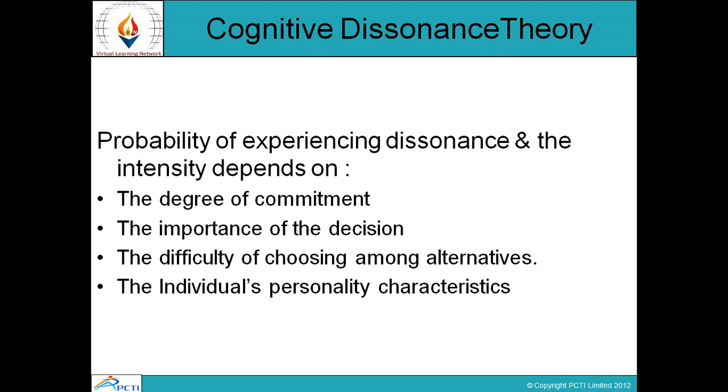The importance of the decision: if the purchase decision is very important, it is more likely that the consumer will experience dissonance. The difficulty of choosing among the alternatives depends on the number of alternatives considered, the number of relevant attributes linked with each alternative, and the extent to which each alternative possesses attributes not present in the other alternatives.